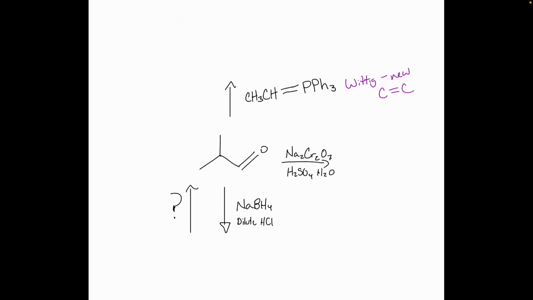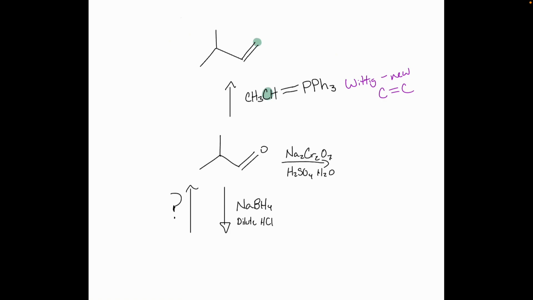So I'm going to start by redrawing my aldehyde. Okay, but my carbonyl double bond, carbon-oxygen double bond, is replaced by this new carbon-carbon double bond. Okay, so I have this carbon now on the other end.